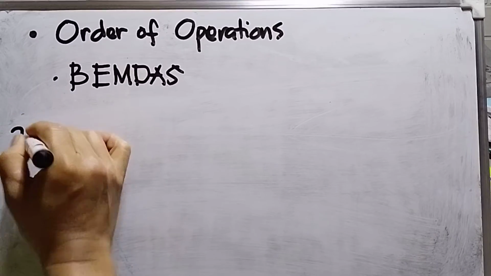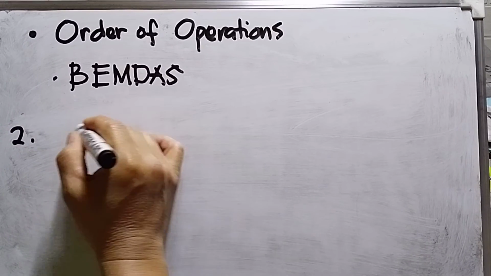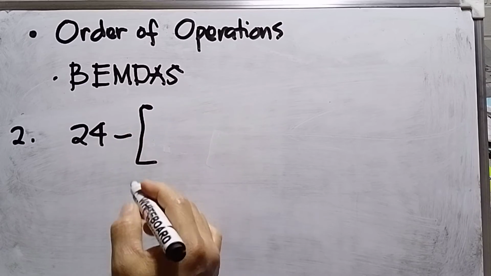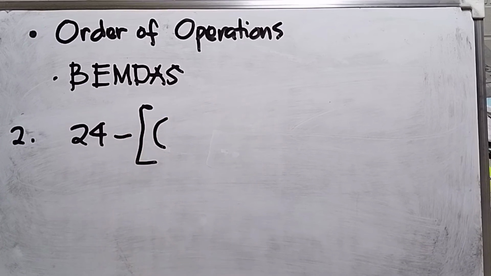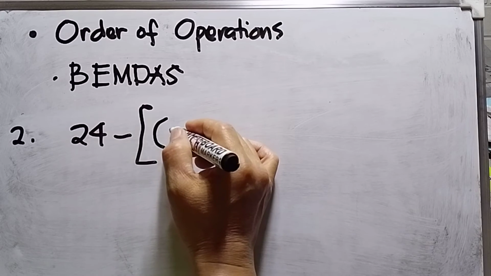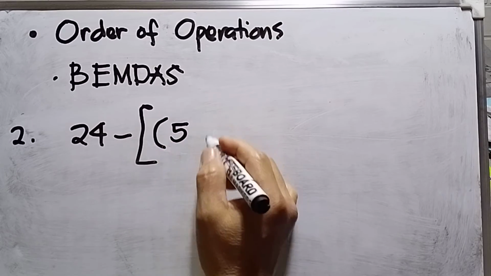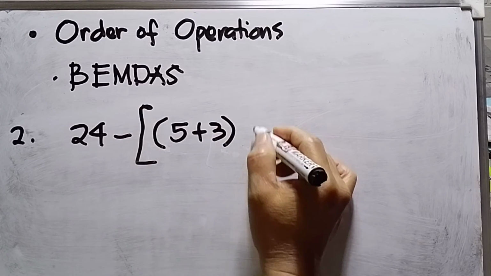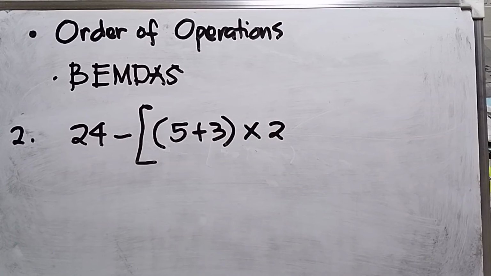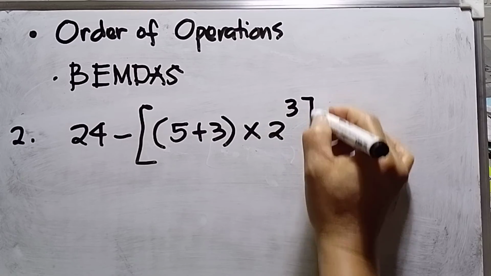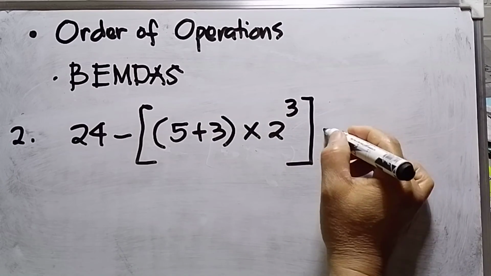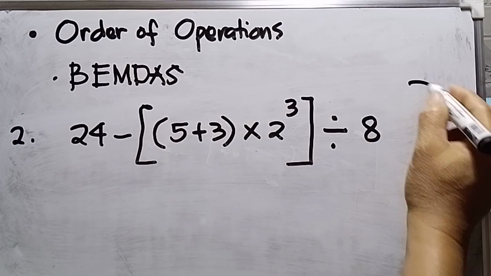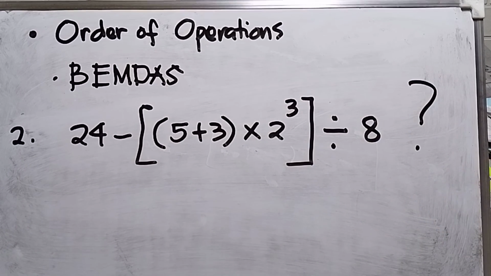Number 2, this is yours. 24 minus square brackets, and then inside there is a circle brackets, 5 plus 3 times 2 raised to the third power, and the last operation is division, 8. So this is your task. That's all.